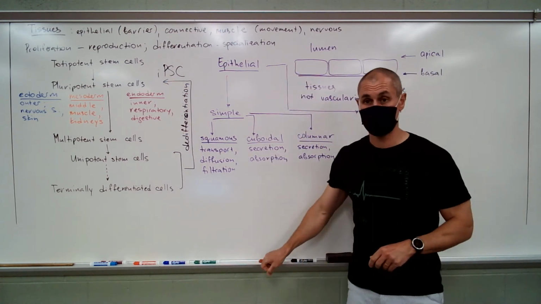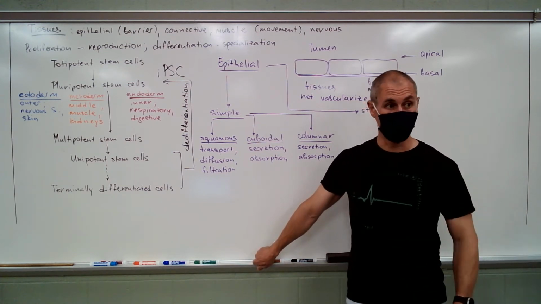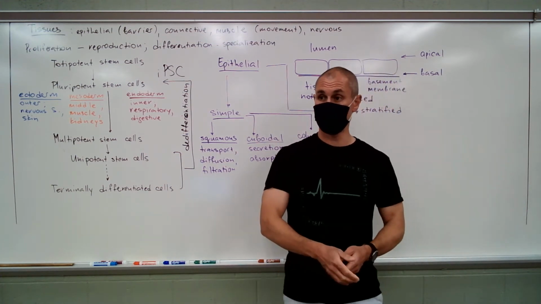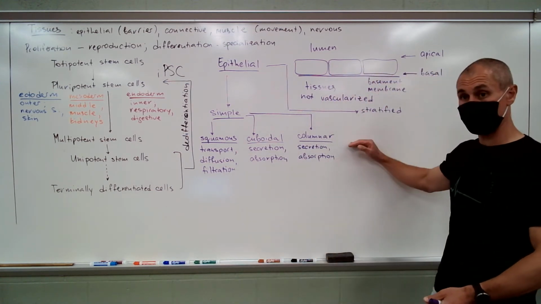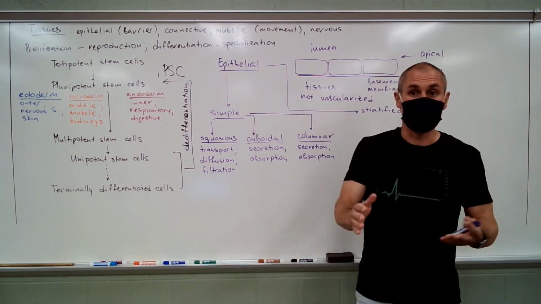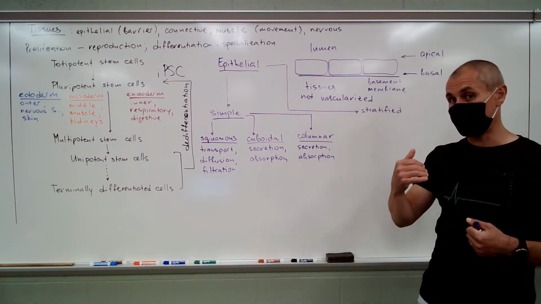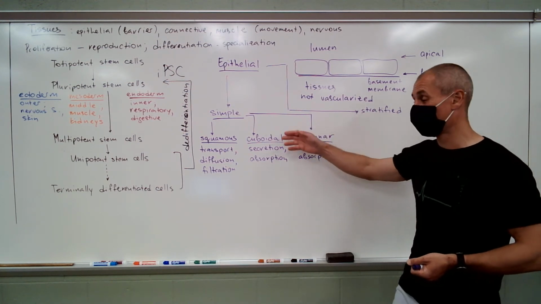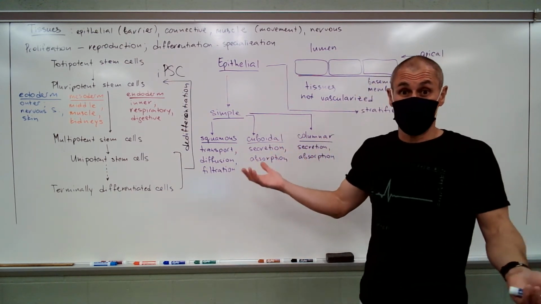I cannot imagine, by any means, that you will know, like by tomorrow, all the places like that cuboidal cells do secretion in thyroid gland and kidney tubules, but columnar cells do secretion in the intestine. You know, I can't expect this. So if I ask you which of the following cell types does a lot of secretion and absorption, I'm not going to throw columnar and cuboidal at you at the same time, obviously. Because you're in your right, you say, oh, I don't know which one do you want.